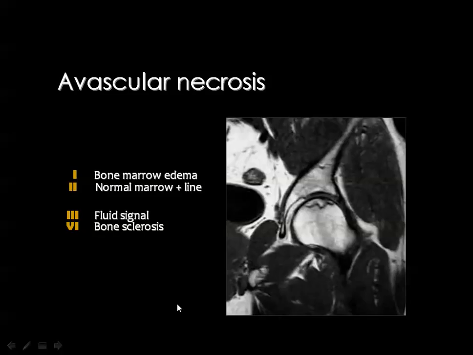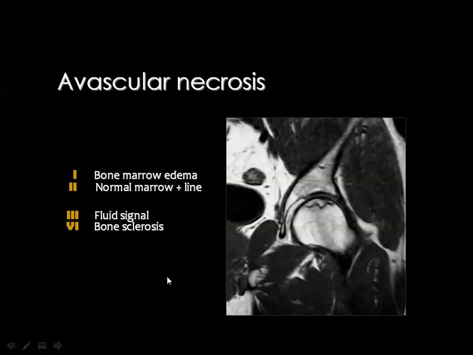Actually, there is now a debate about whether stage 1 is really an existing stage in the classification or not, since most of the books depend on the presence of this line for the diagnosis of avascular necrosis, while stage 1 describes only bone marrow edema in the femoral head.